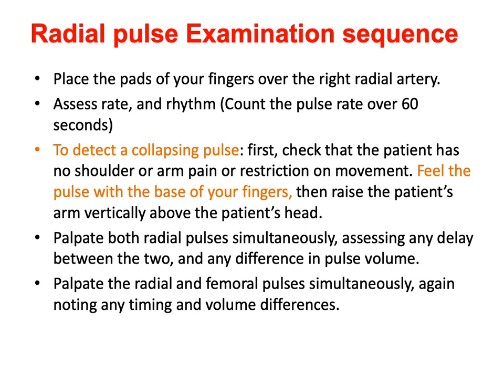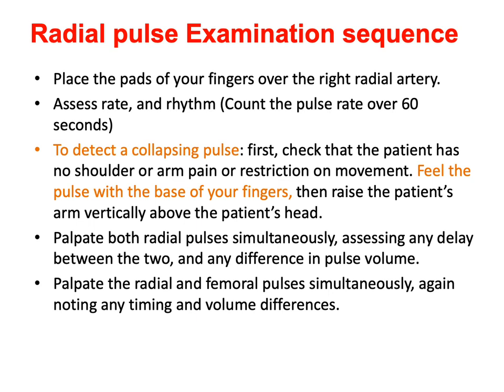After that, we check if the patient has no shoulder or arm pain or any problems that would restrict the movement at the level of his shoulder. And then we raise the patient's arm vertically above the patient's head.